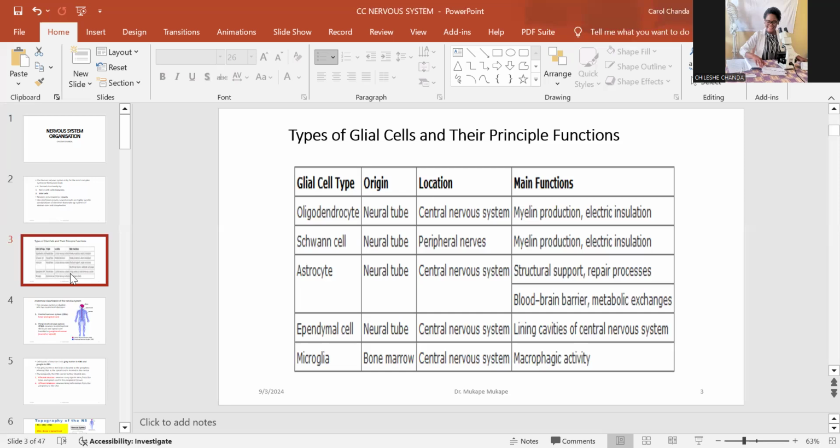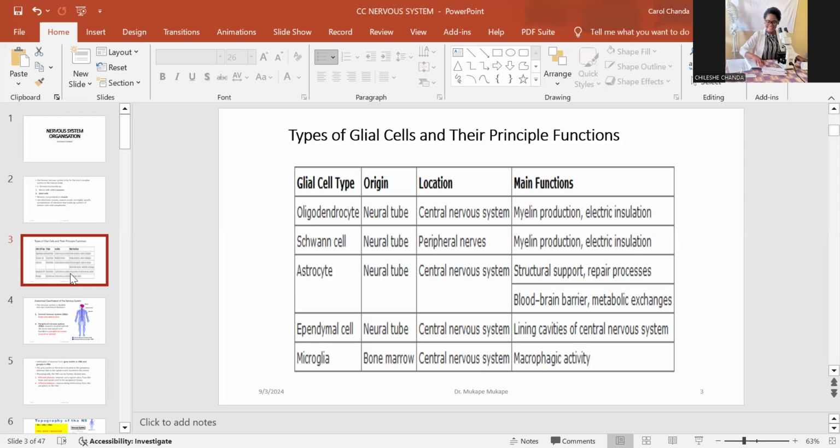Among the ependymal cells, some are specialized for secretion of cerebrospinal fluid, and those cells form what is known as the tela choroidea.